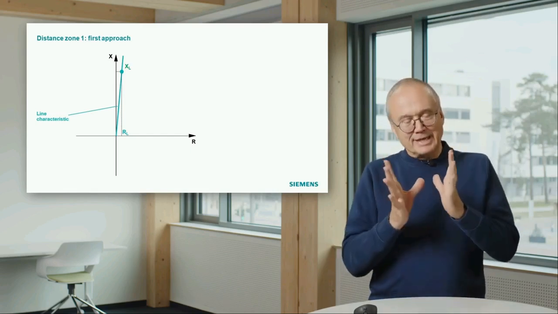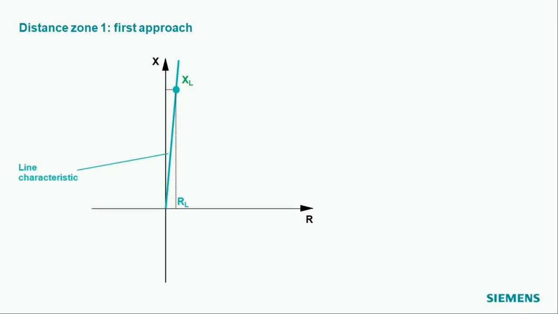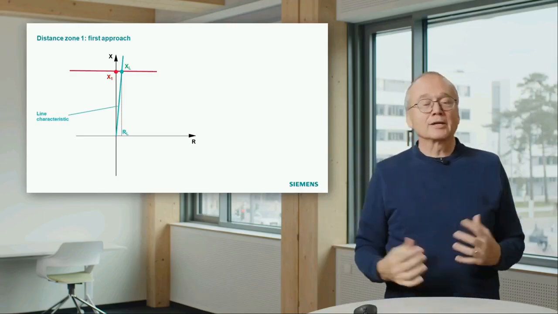That means we take again this complex plane, and then we define a certain area in the complex plane, and if we detect a fault in this area, we say, okay, the fault is on the line. In the first step, as we just discussed, the upper limit is the line reactance.